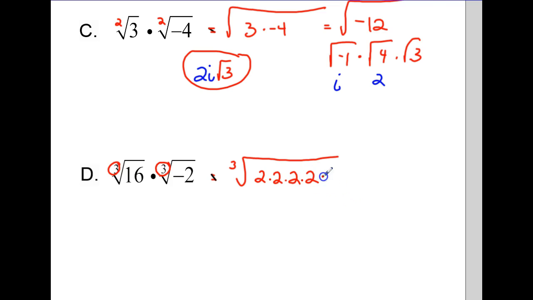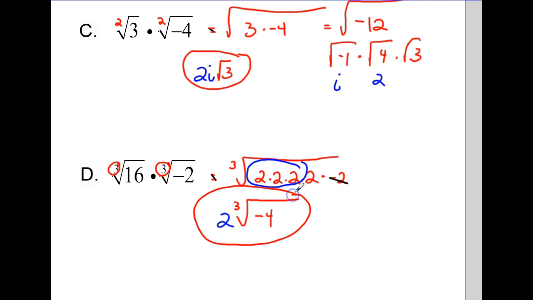And then I've got a -2 in there. So what am I looking for? My index says look for 3. So there's one group of 3. So those 3 2's come out, as the cube root of 8 is 2. And what's left underneath my radical? -4. Okay? So that's the product property in action. Let's see what's next.